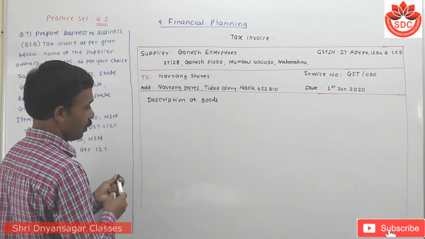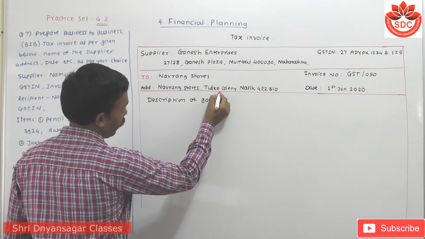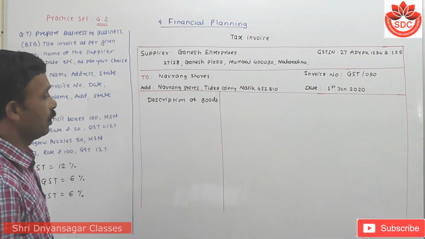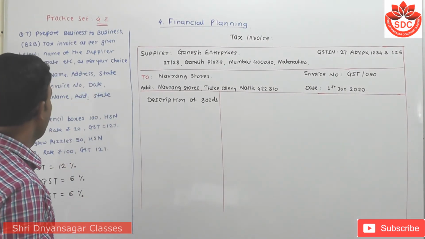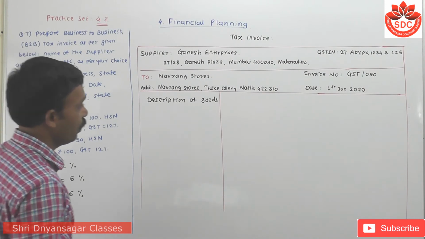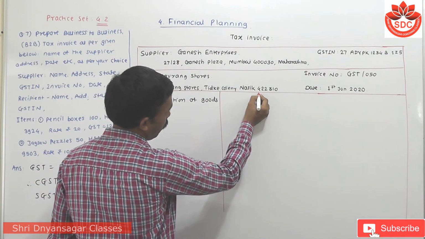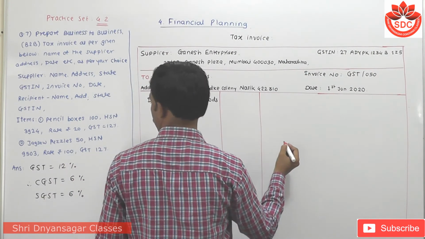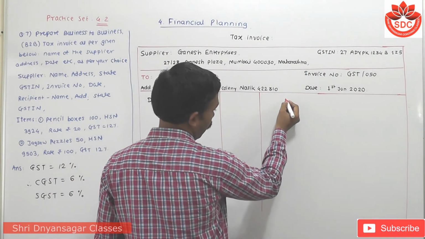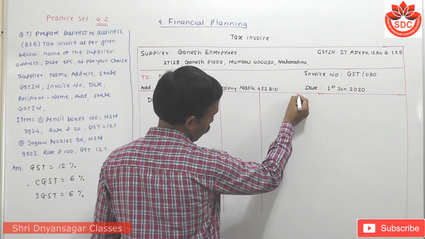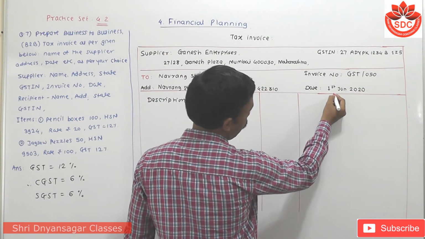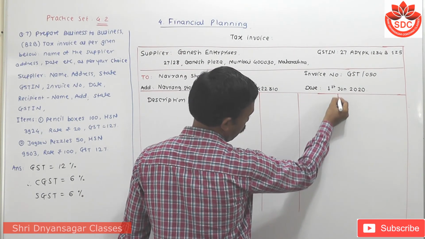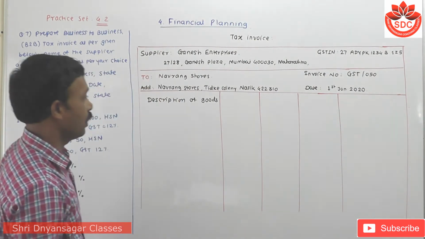We have to take here. Here the first point is description of the goods. Then HSN code we take here. Then here we take quantity. Then here is rate. And last one is amount.